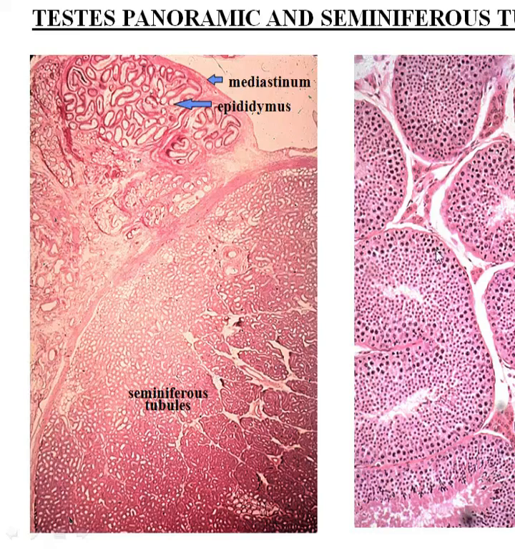In these seminiferous cross sections you may see very dark spots and pink structures. The pink structure is cytoplasm, and the dark structures are nuclei, which take a dark color because of the hematoxylin stain. All these small and large violet spots are developing sperms.